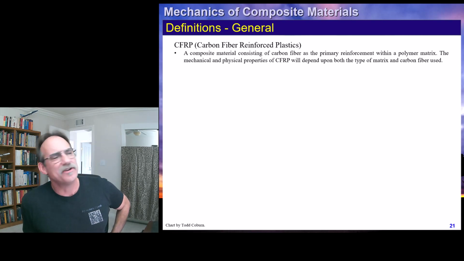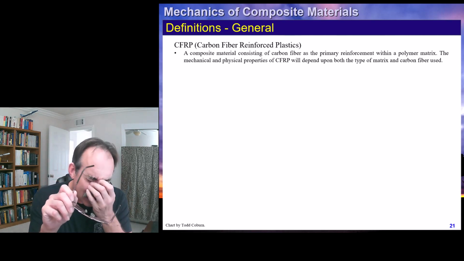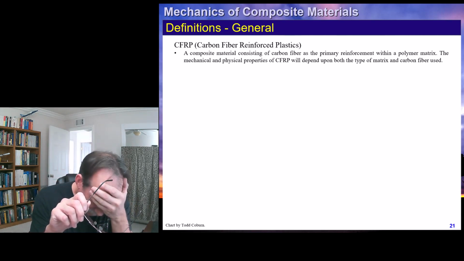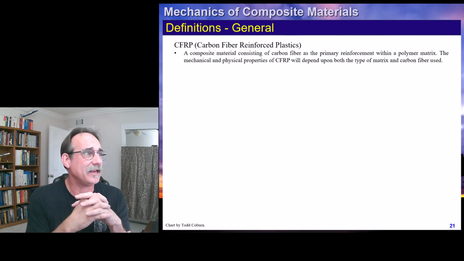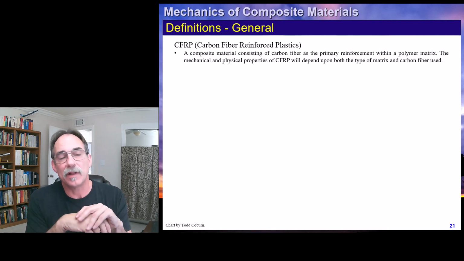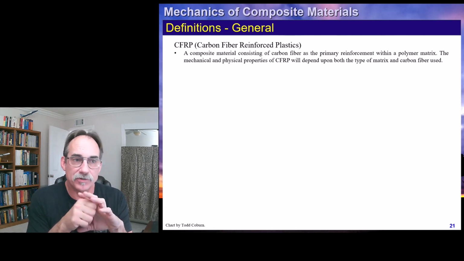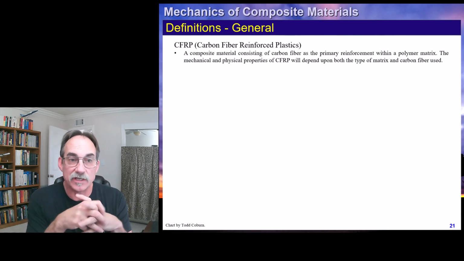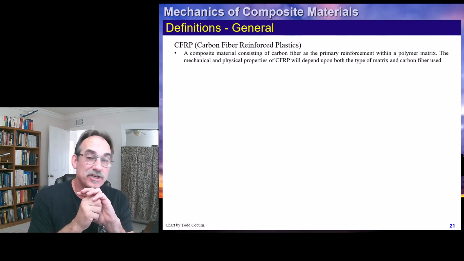So there's a bunch of abbreviations used in composites, and the problem with those is unless you're working with a bunch of people that have the same terminology, you can get a little confused and make mistakes. One is CFRP, carbon fiber reinforced plastic. This word plastic, we used to think of cheap super balls coming from certain third world countries, little rubber toys and things that I used to enjoy as a child.